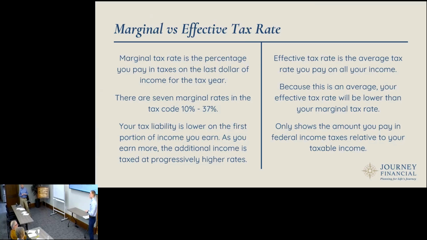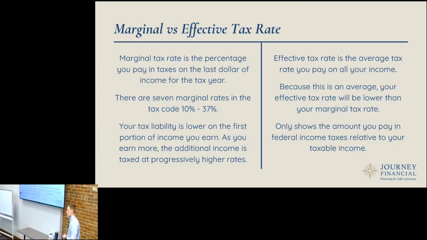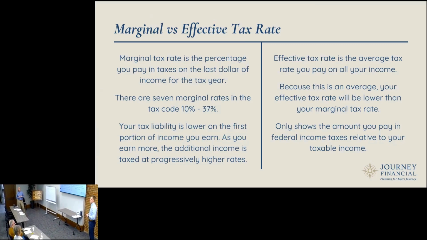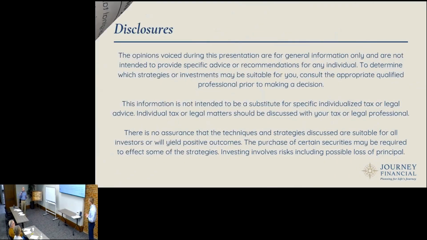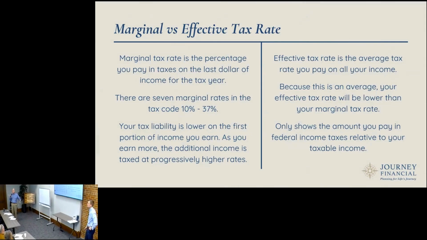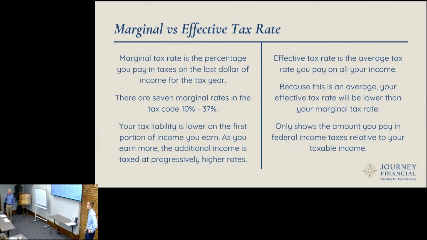I like to prioritize, or I think it can be more important to look at effective and average tax rates versus marginal, just because it shows a little bit more accurately how much tax am I actually paying, depending on my total income. You may be in the 24% tax bracket, but your effective tax rate is going to be down into the teens, much lower than your marginal rate.